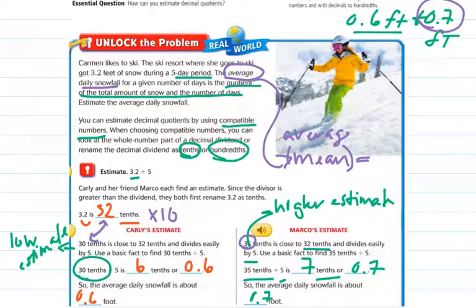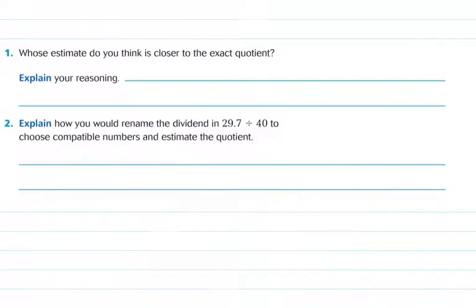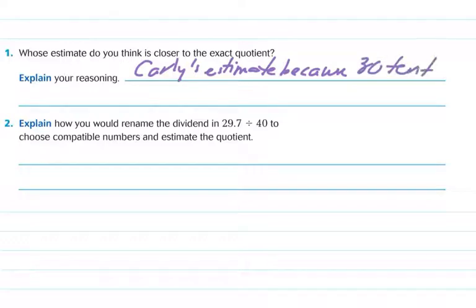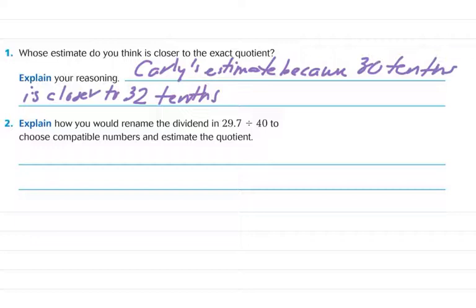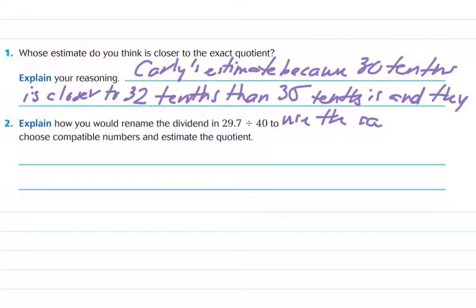It's only 2 off. 35 is 5 more, so I'm going to say that Carly's estimate is closer to the actual, because 30/10 is closer to 32/10 than 35/10 is, and they use the same divisor, which in both cases was 5.